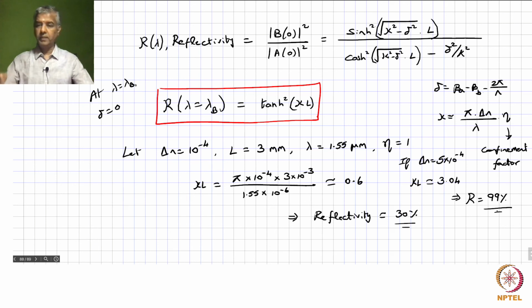So that's actually quite interesting, because the refractive index perturbation that we are looking at is relatively small, 5 into 10 power minus 4, but we still managed to get reflectivity in the order of 99%.